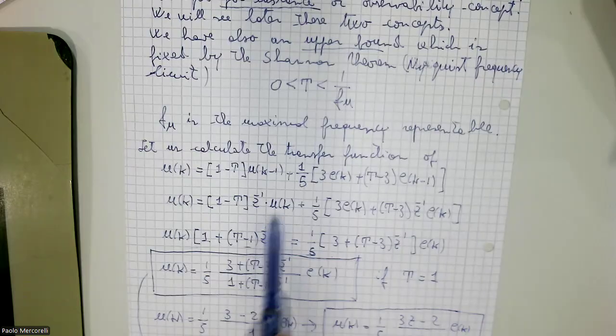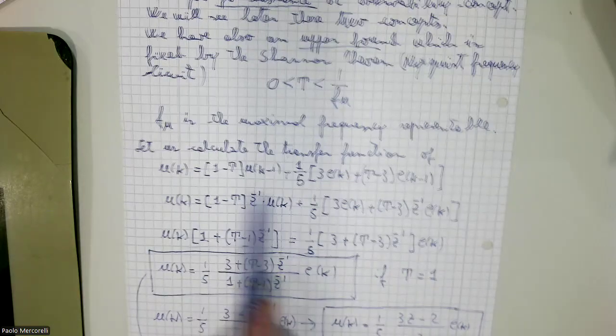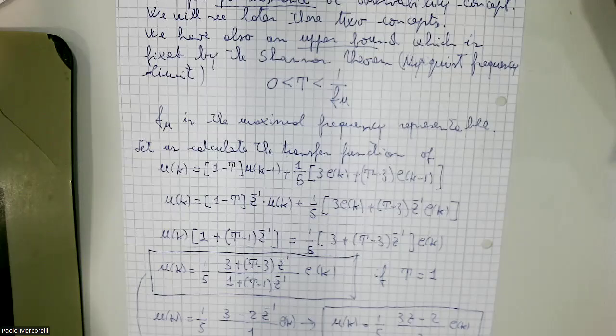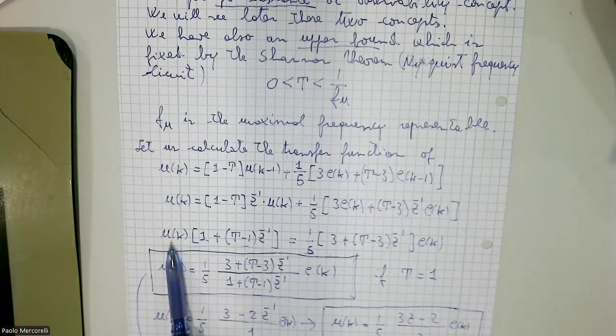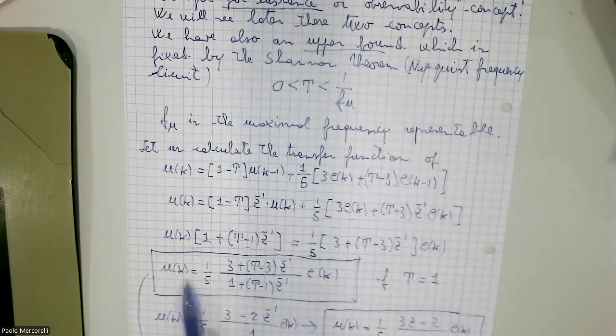Here it is extremely easy because it's enough to bring this element to the left part, but I have to change the sign. Here, t minus 1. And then I put in evidence. This is algebra from gymnasium, probably. And then I divide. I can divide everything by this part, and I will have this one.